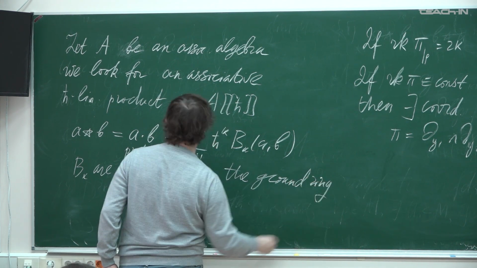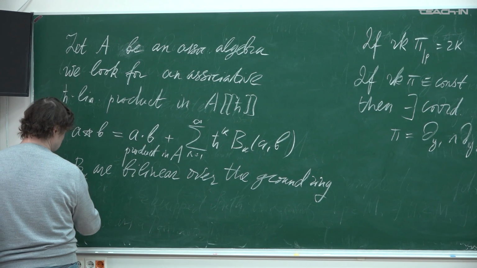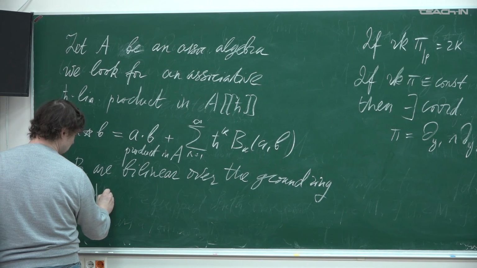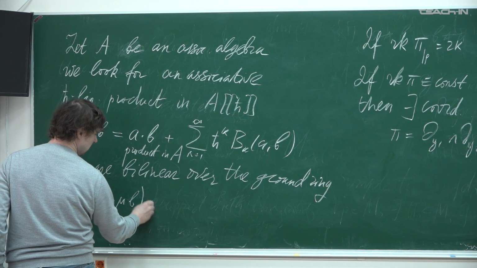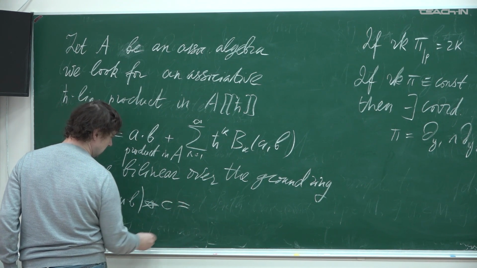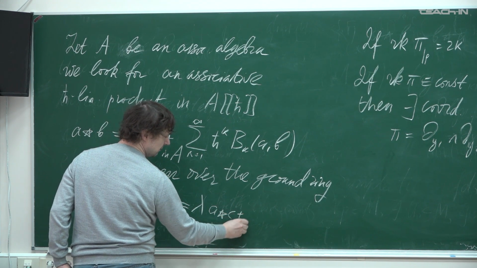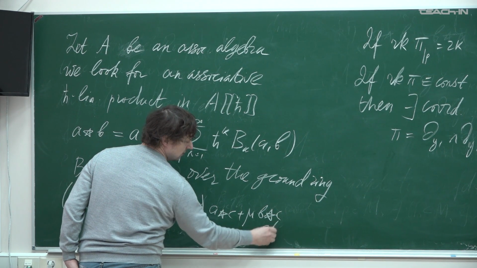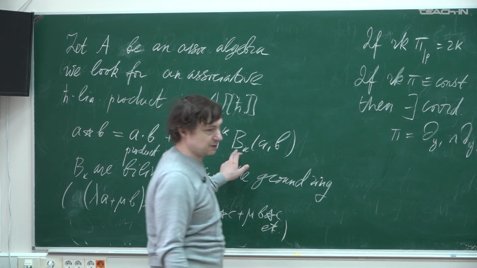Because, of course, we want to preserve the structure of algebra. That is to say, if we want to take the product of lambda a plus mu b with c, we assume that it will be equal to lambda a star c plus mu b star c, and so on. Therefore, we should assume that these operators are bilinear.